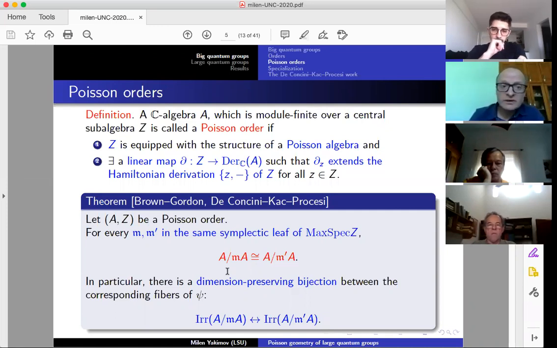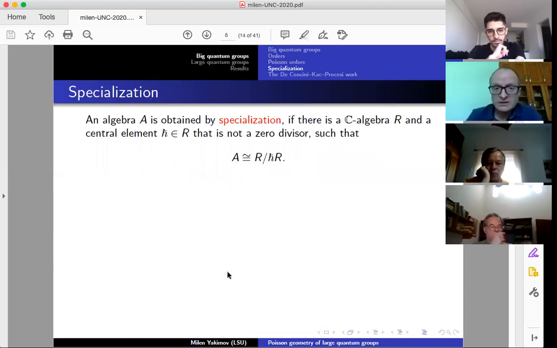Now you can ask the question, okay, that seems like an interesting notion of Poisson order, but how frequently does it appear in mathematics? The next thing that De Concini, Kac and Procesi found, which was actually known even before them, is that this notion appears in a very general kind of situation, and that is in the setting of specialization.